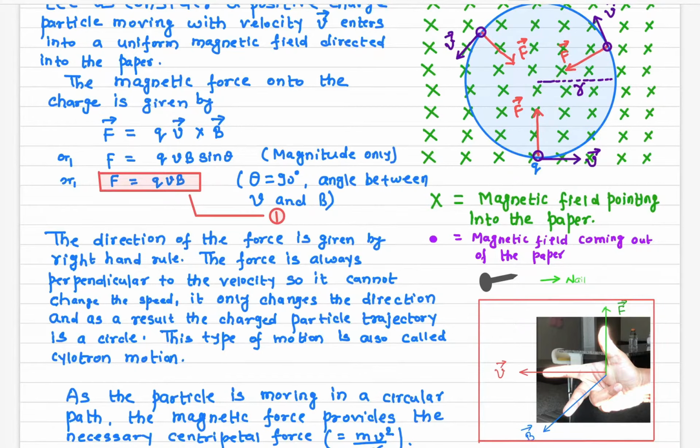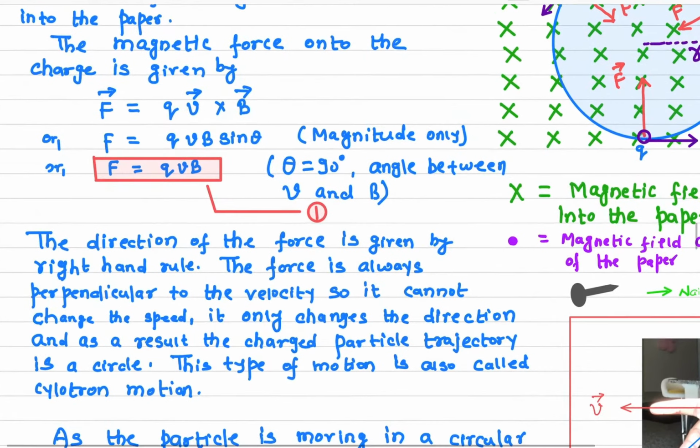So every time the force is towards the center, the particle must be moving in a circular path. So this is the circular path here, and at each point the velocity, magnetic field and force are mutually perpendicular. You can easily find this out using the right hand rule.